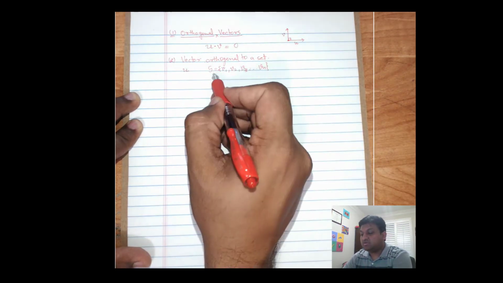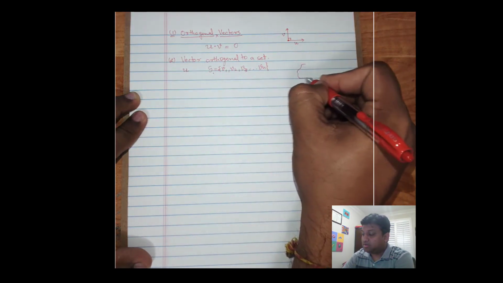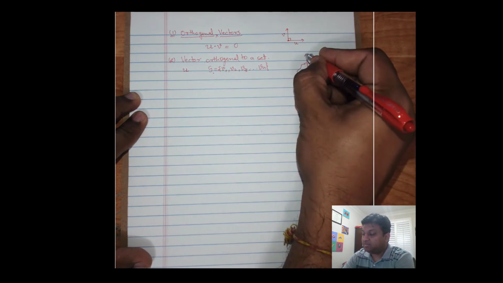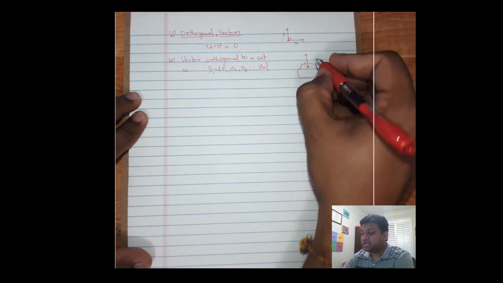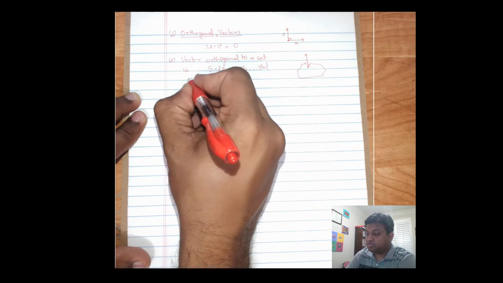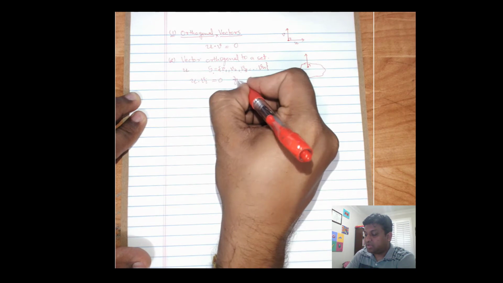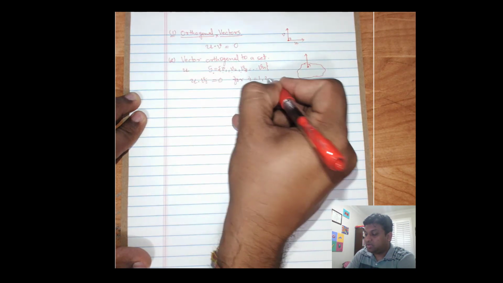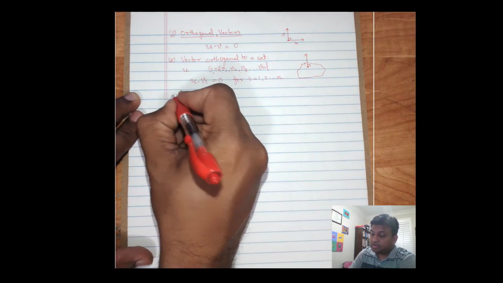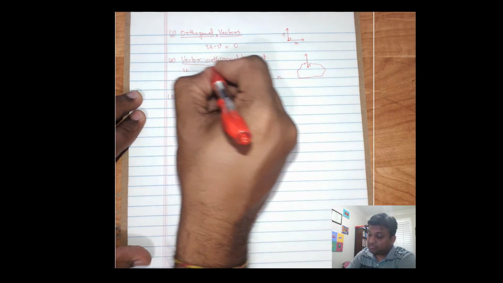We can say u is orthogonal to S if the dot product of u with every single vector of set S is 0. In other words, u dot vi is 0 for i running from 1 to n. We also define orthogonal sets.